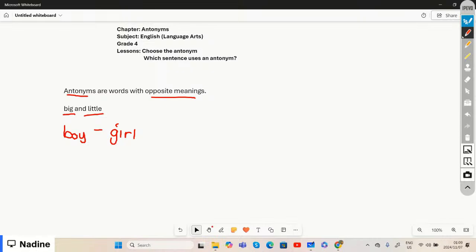All right, so now we're going to choose words that have the opposite meaning. I will give you words and then you can give me the opposite of what those words mean.